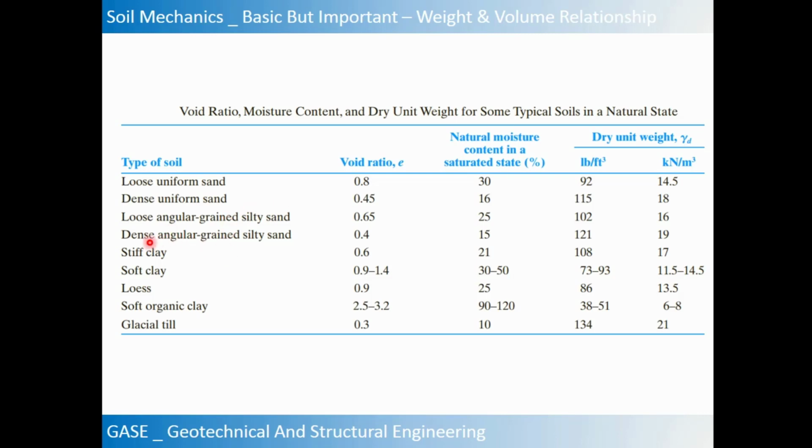And for the dense uniform sand it is about 18. You can see that for the weak soil, the unit weight is smaller than for the stronger, better soil. That's some judgment we can have at the moment.